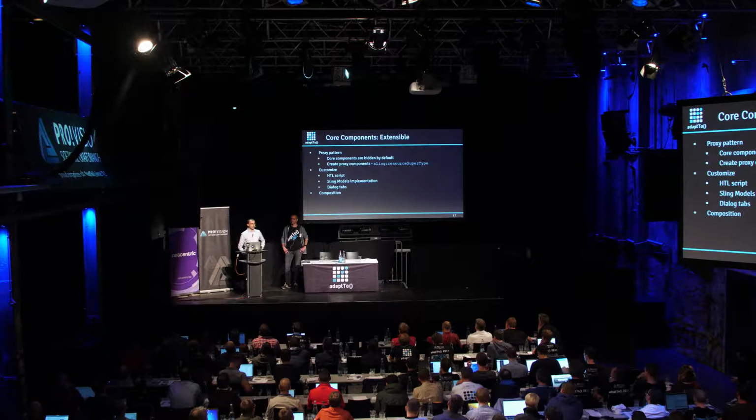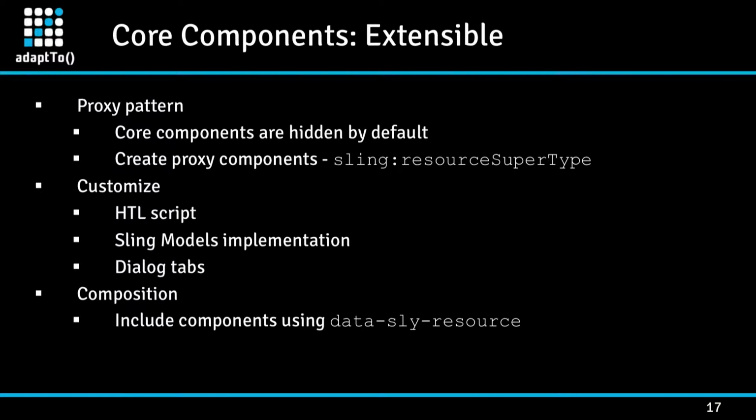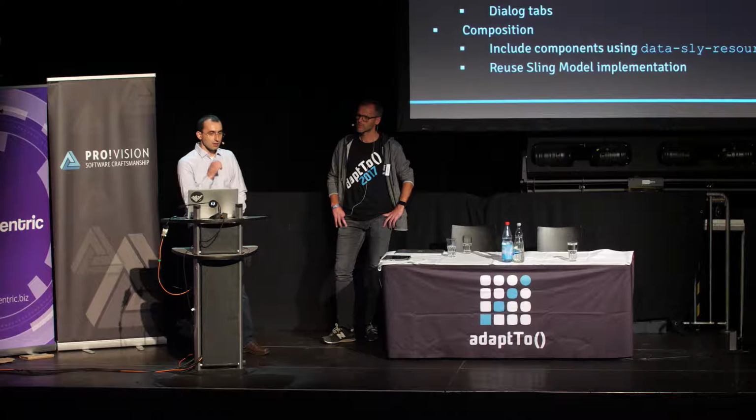And one of the other patterns that we recommend is to use composition, either to assemble multiple components into a larger super component by using data-sly-resource to include them, or to reuse the Sling model implementation.